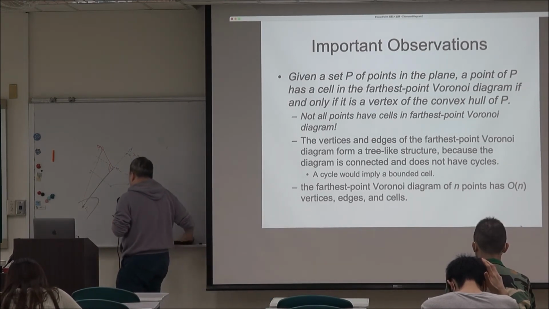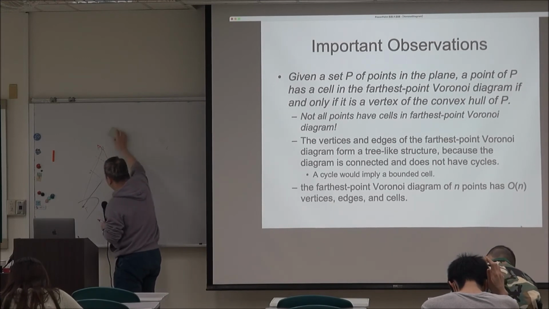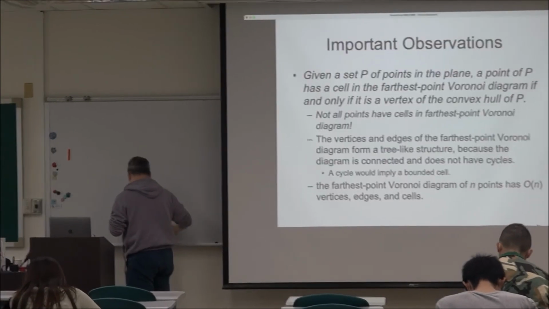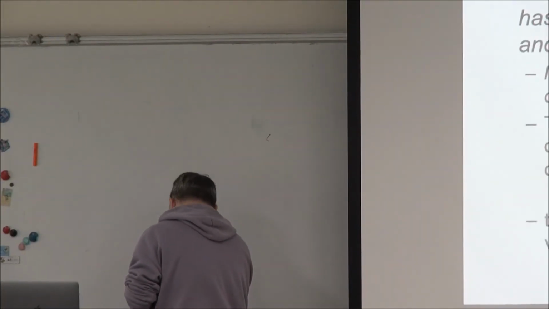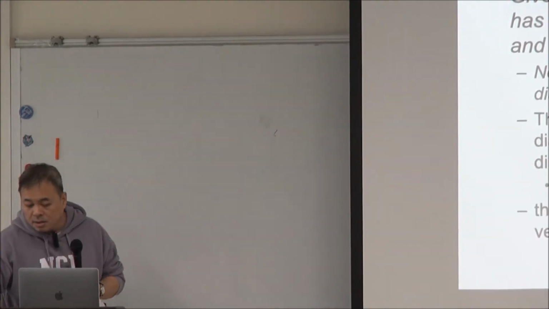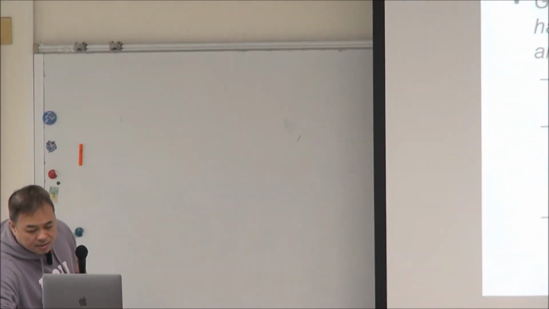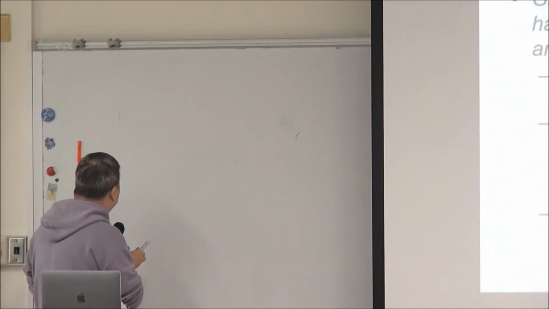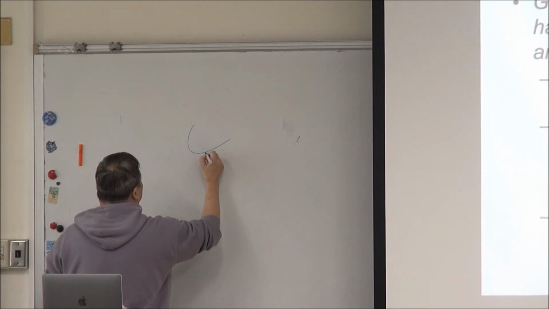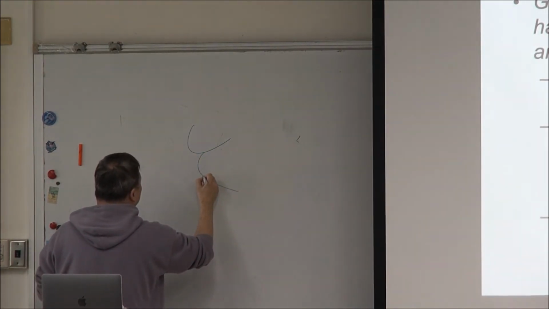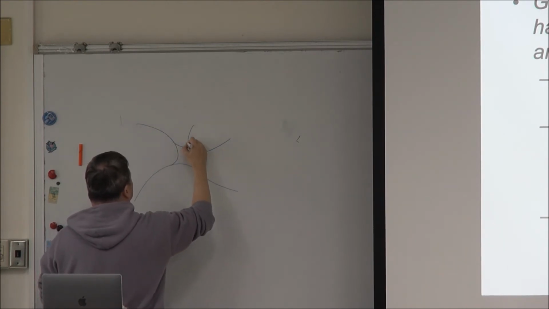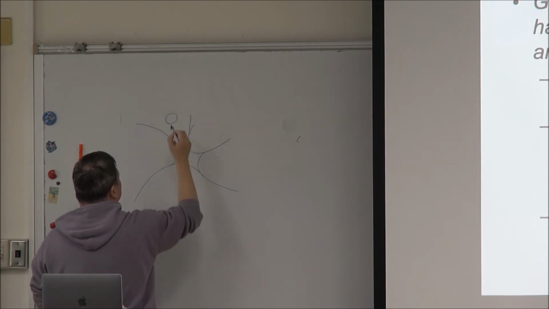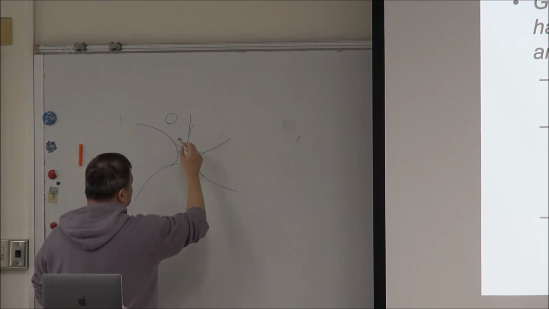Say, if you have some cells that are connected and form a loop, what happens is that this cell is a cell of the farthest site Voronoi diagram.